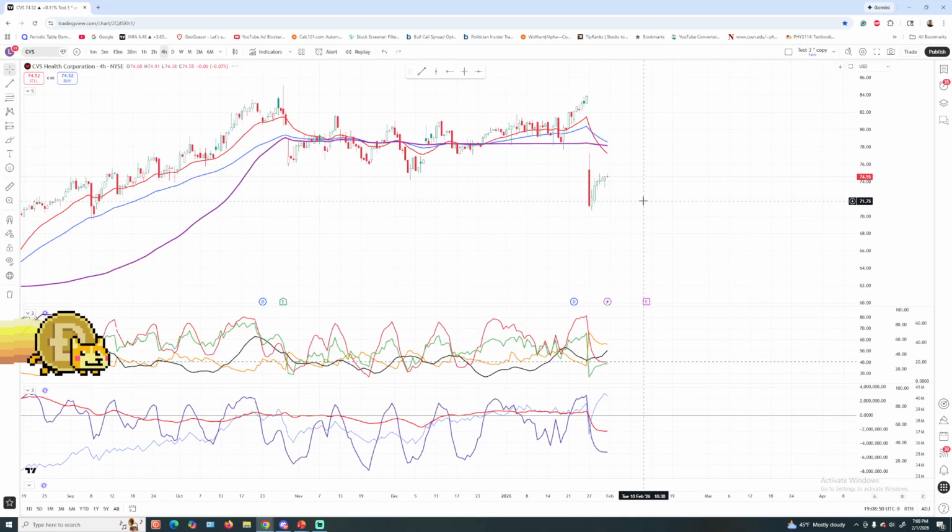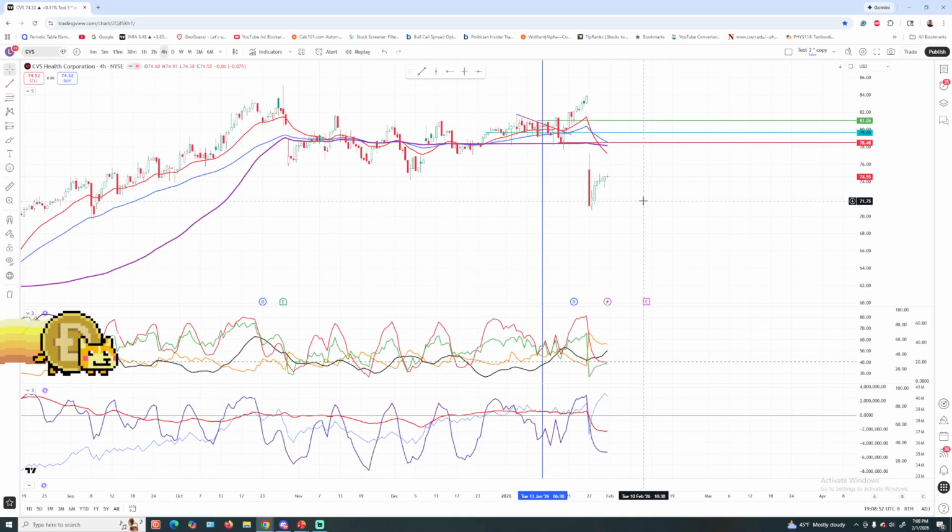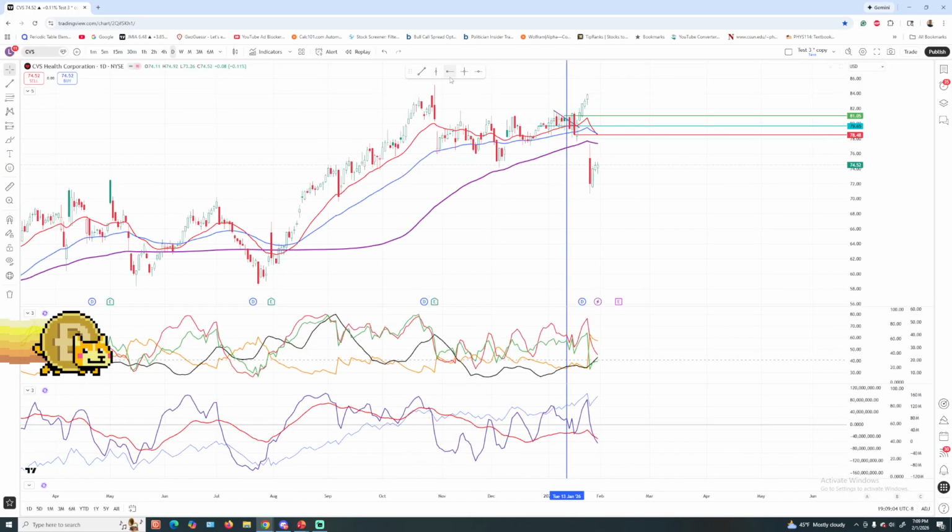CVS. I don't think I like trading CVS because I don't like the stock options on it. Of course, we have a crazy daily support.